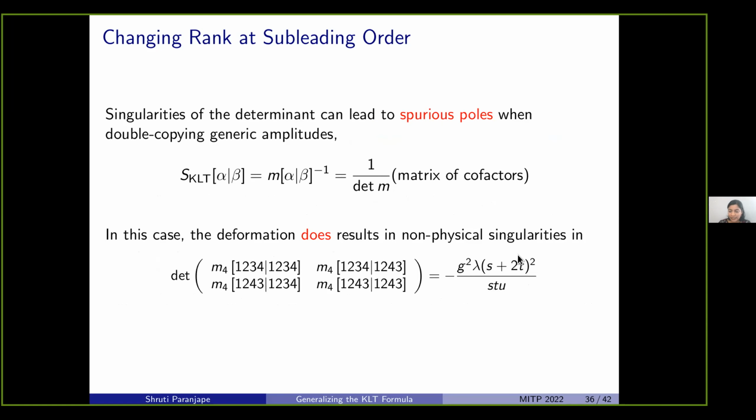So it has a zero at s equals minus 2t, which is not a physical location for a singularity. Good. So what does this mean? It means that naive deformations that change the rank of bi-adjoint scalar theory at subleading order will generically lead to non-physical singularities in the KLT kernel.